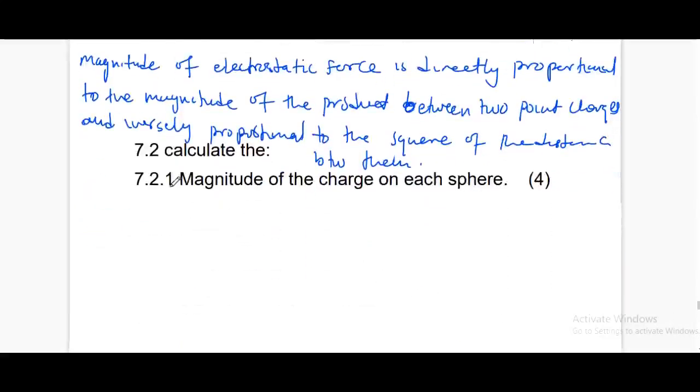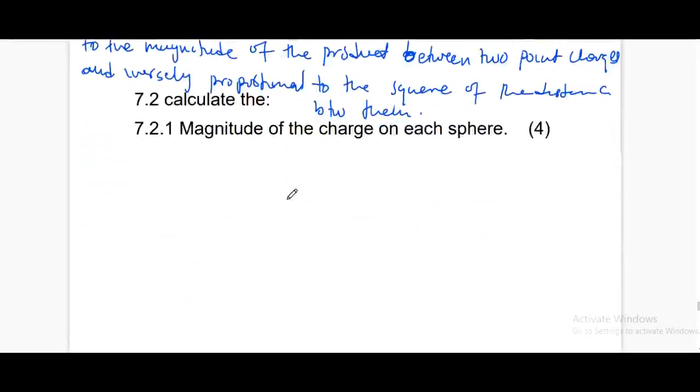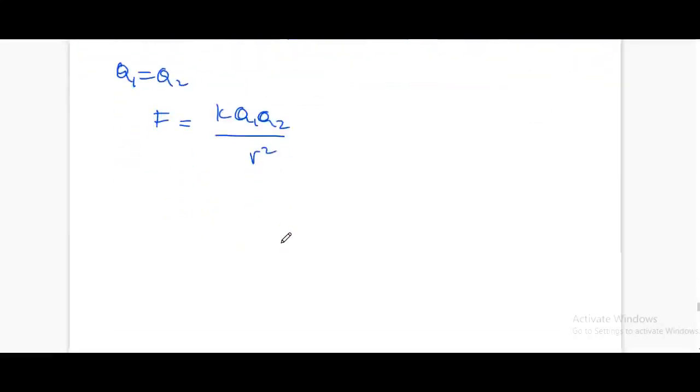Now 7.2.1, calculate the charge on each sphere. They have told us that Q1 is equal to Q2. I will start by writing Coulomb's law equation like this, so that I will get 1 mark.